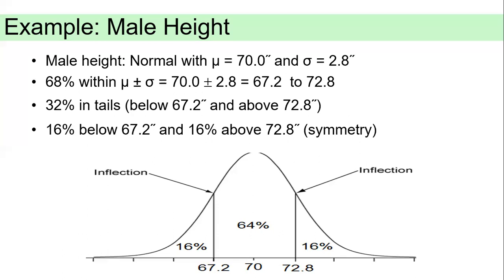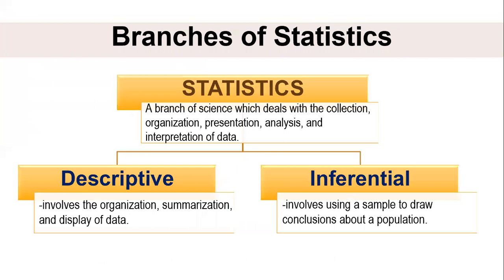Moving on. If you still recall our first discussion, we have two branches of statistics. One is what we call descriptive statistics. This involves the organization, summarization, and display of data. Like if you are utilizing frequencies, ranks, measures of central tendency, measures of variability, percents or percentages, that's descriptive.